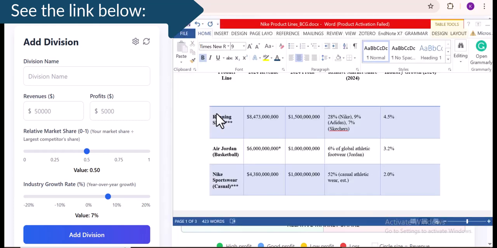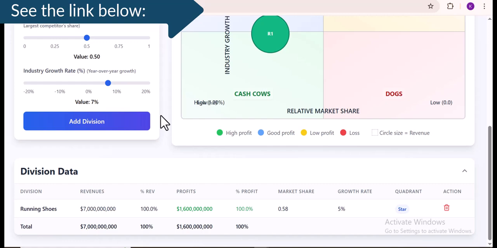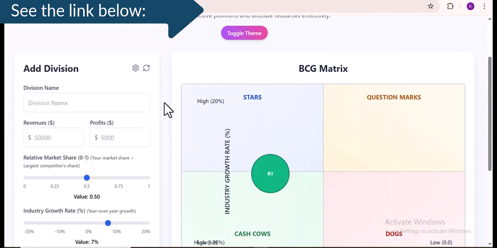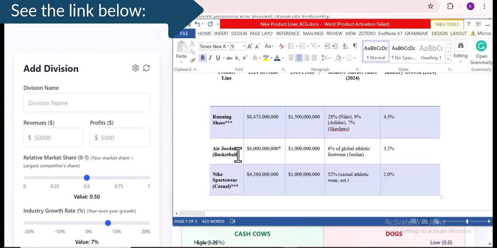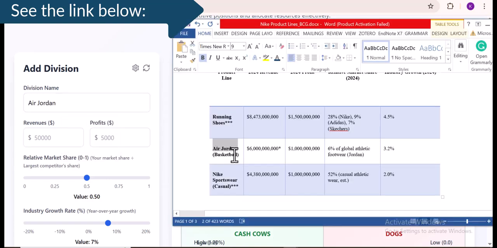All right. The first product line is the running shoe, and we have already given the input of this product line. So we have to enter the data of the second product line, which is the Air Jordan. We are taking these values, which is 6 million.